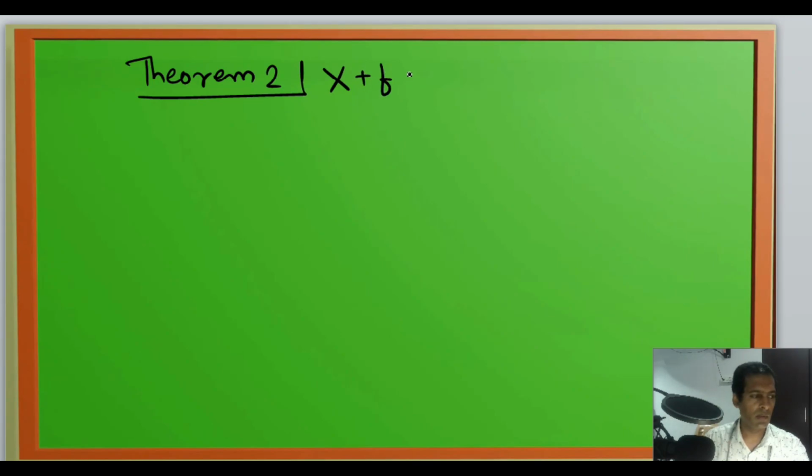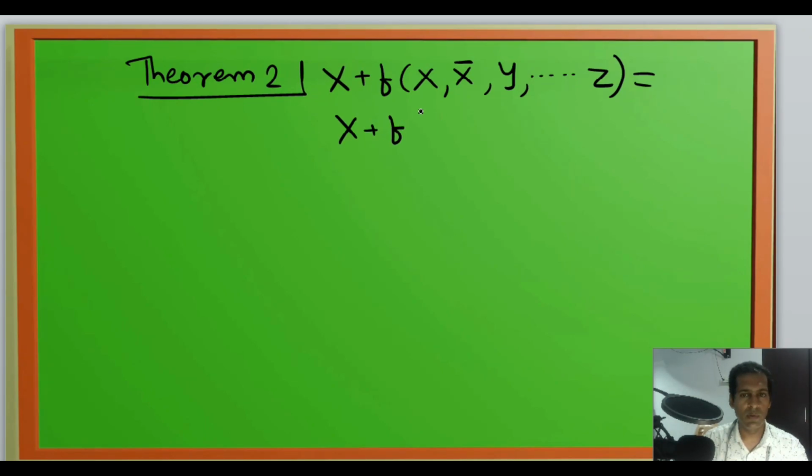The next theorem, theorem 2, says that x plus function of x comma x bar comma y, up to some z, is equal to x plus f function of 0 comma 1 comma y, some z.